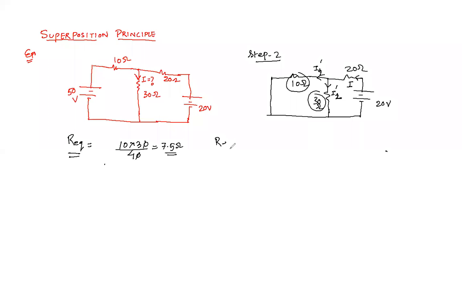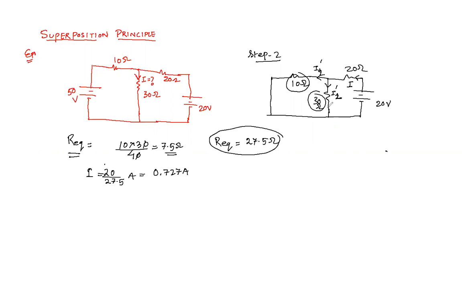So R equivalent is coming out to be 27.5 ohm. This gives us the total current I equal to 20 by 27.5 ampere, that is equal to 0.727 ampere.